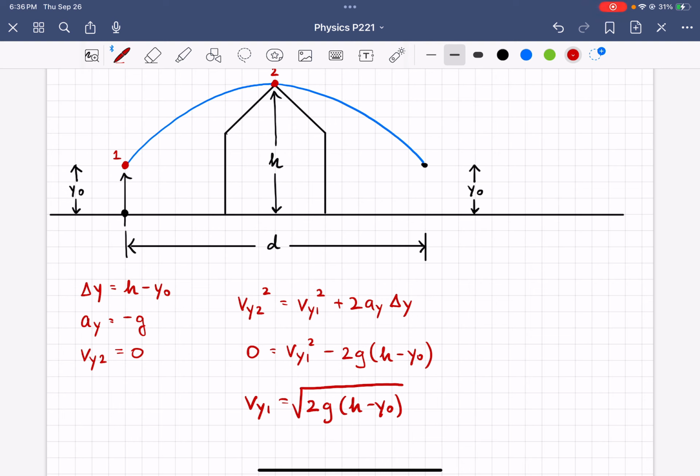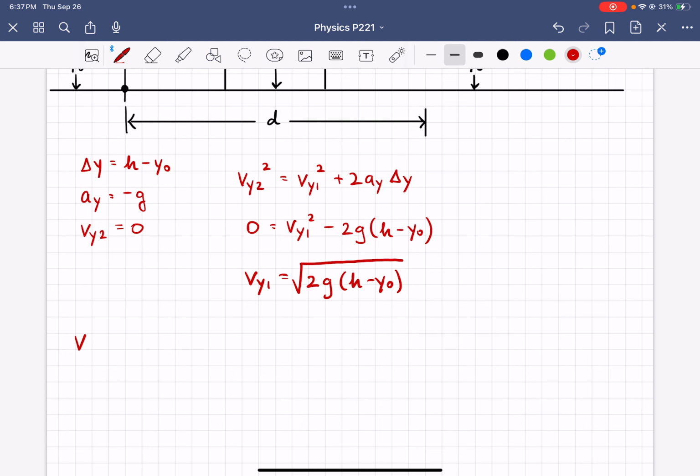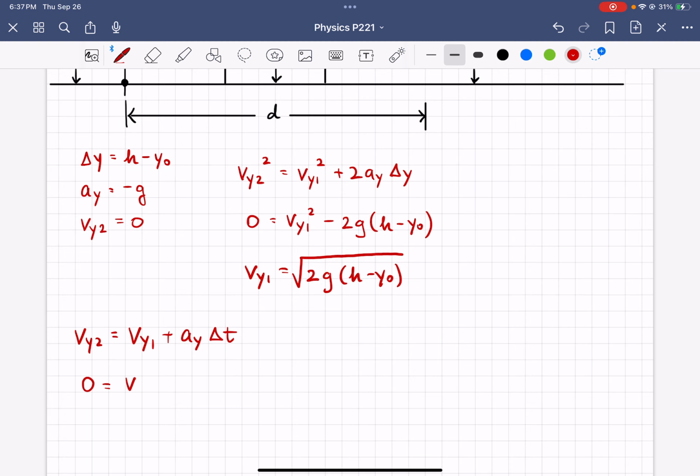Well, if I know the initial y velocity now, I know the y velocity at points 1 and point 2, I know the acceleration in the y direction is negative g, so I can find the time by using the equation vy2 is equal to vy1 plus the acceleration in the y direction times delta t, or in other words, 0 is equal to vy1 minus g times delta t, or delta t is equal to vy1 divided by g.